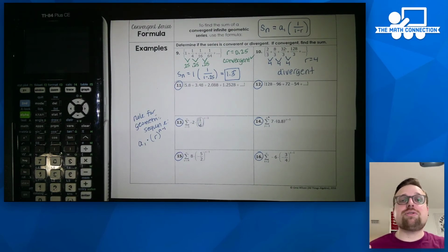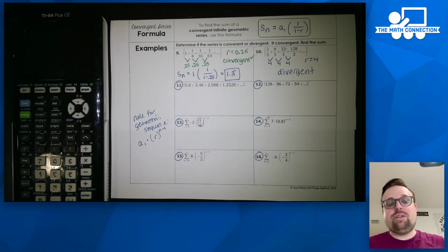You have the first term of the series already. So that's all there is to it here, guys. You just need to remember what's a1 and what's r, and you need to plug it into your formula, and that's all you need to find the sum if it is a convergent series. If it's divergent, then you can't find anything, so you're just going to have to say no to that one, okay?